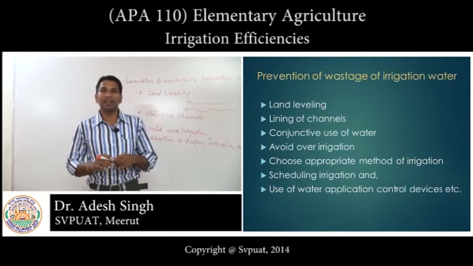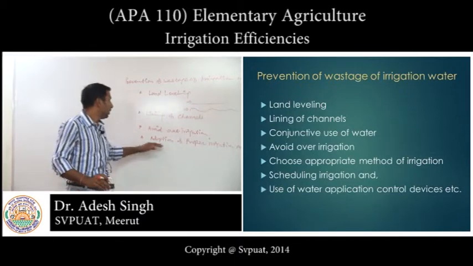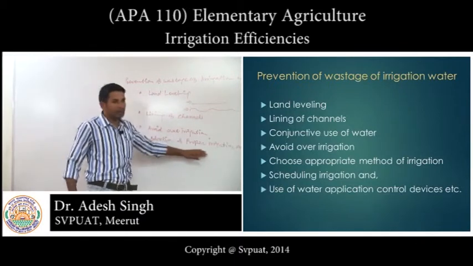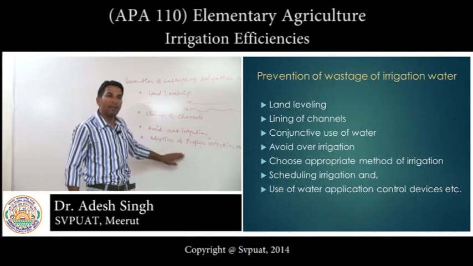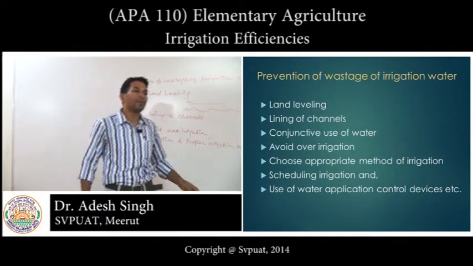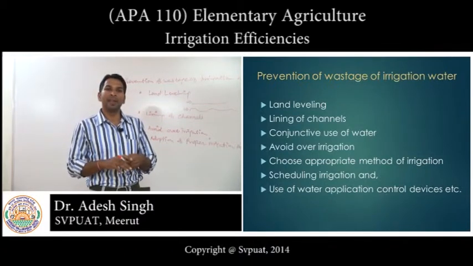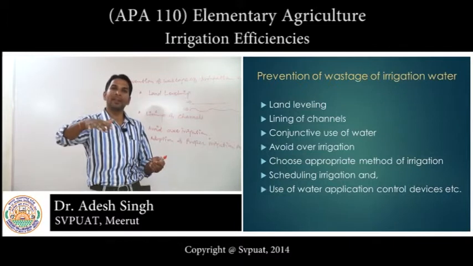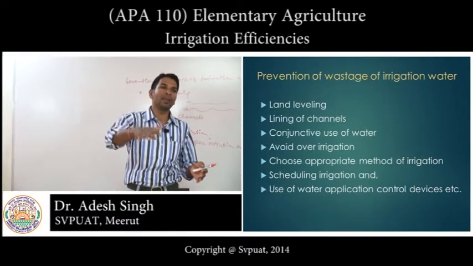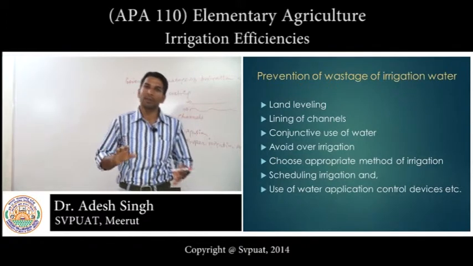Each and every method has its own advantages and disadvantages. So if the soil has more sandiness, then do not go for the flooding method, for example. Clear? Because when we go for flooding, then infiltration and ultimately percolation to a greater depth of the root zone takes place.